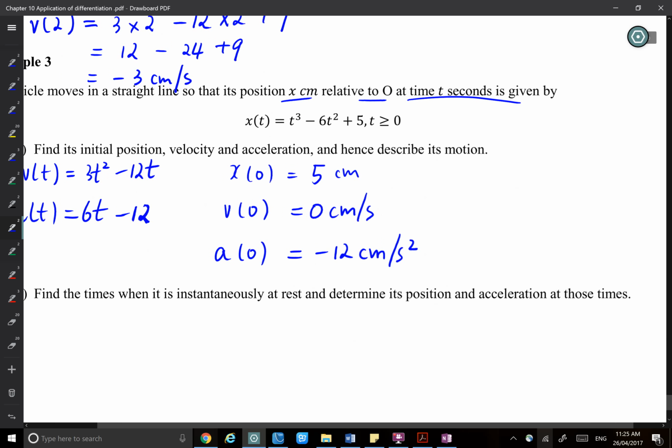It's asking me to describe its motion. Where does the particle start?